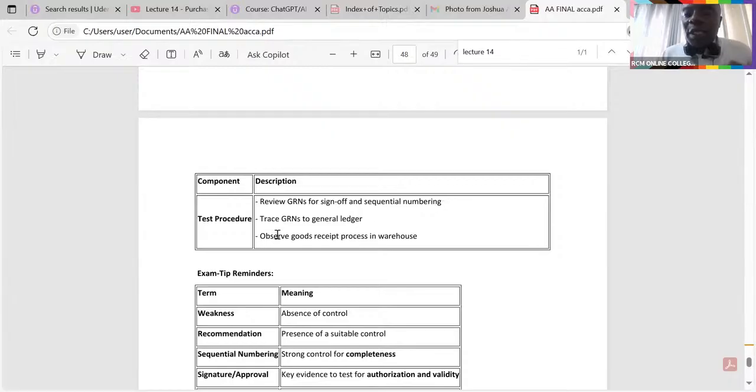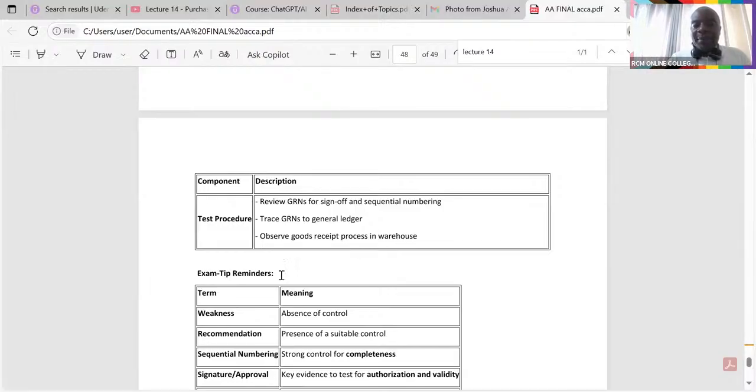Trace all the goods received notes to general ledger. Trace them. In short, are these guys doing what they have said? Is the control working? Are these guys able to tie the amounts to the general ledger? Observe goods receipt process in the warehouse. Just go and strategically station yourself in a place and just see what is happening when goods are being ordered.